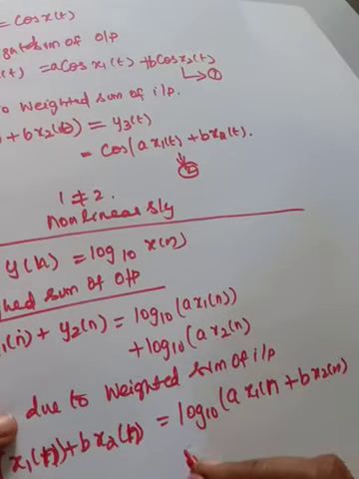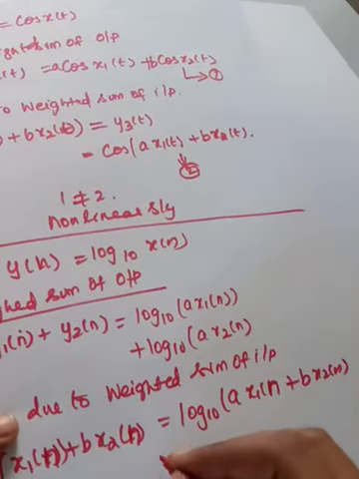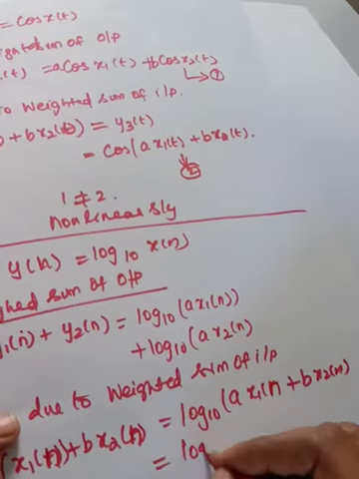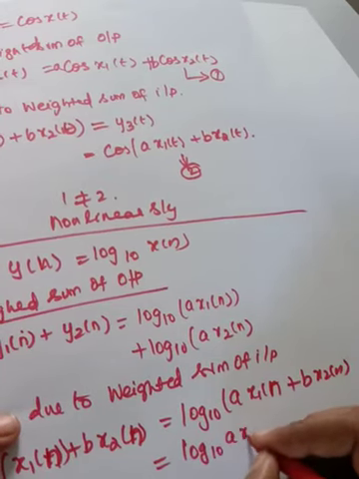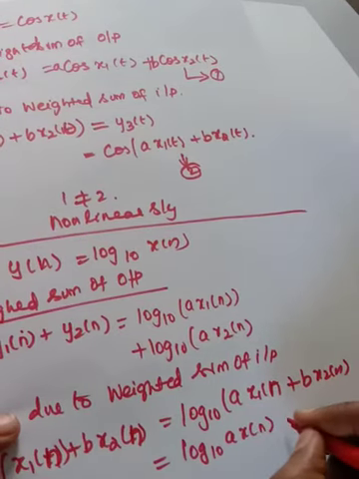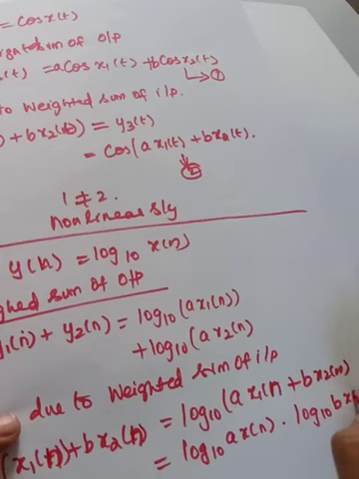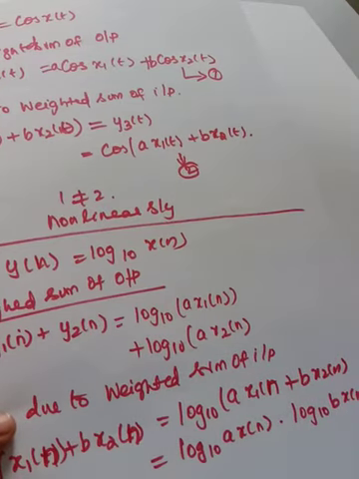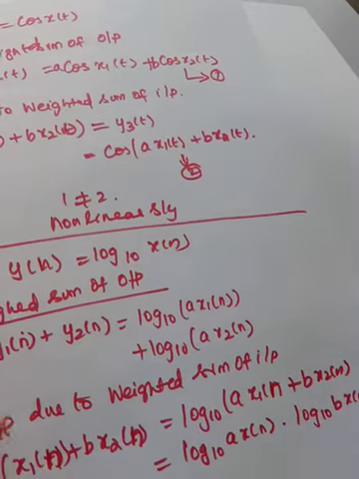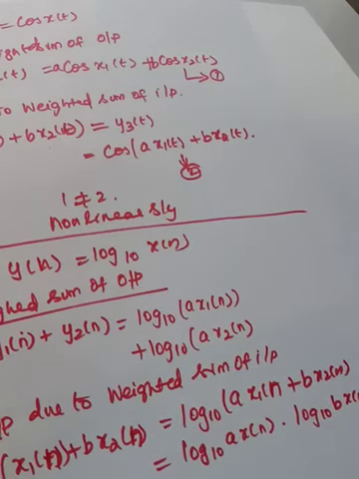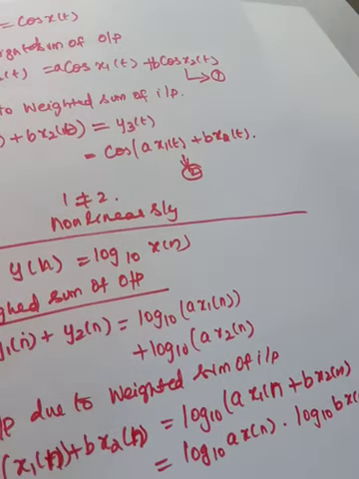Which is nothing but, you can write this as log 10 a x1 of n into log 10 b x2 of n, either you can write it in multiplication, right? Okay, so here see, this is log 10 plus log 10.